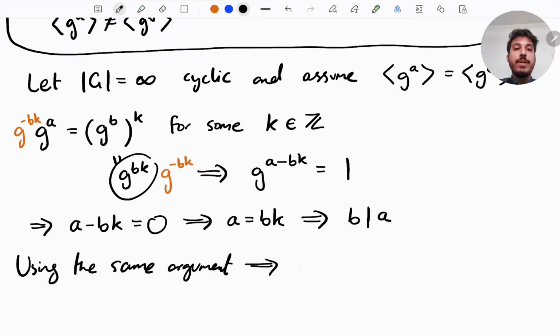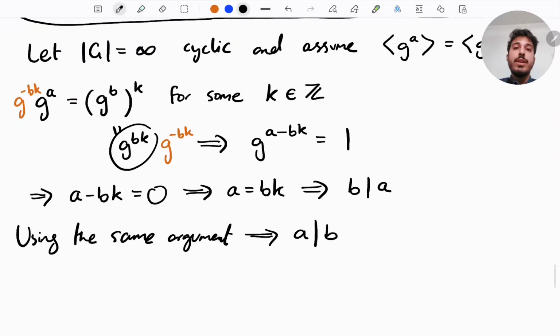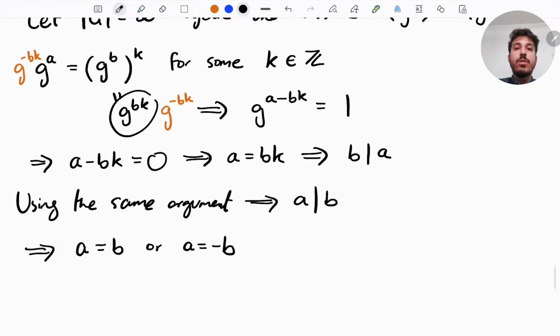So we would arrive at A divides B. And in number theory, if two numbers divide each other, then we conclude that A is equal to B or A is equal to minus B. These are the only two possibilities if B divides A and A divides B. You can check it out for yourself.